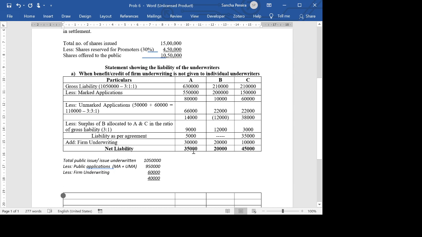What does the company pay the underwriters? Nobody knows. What does the company pay the underwriters?